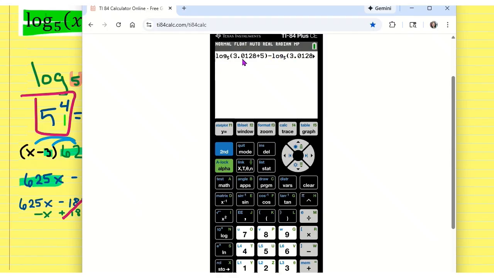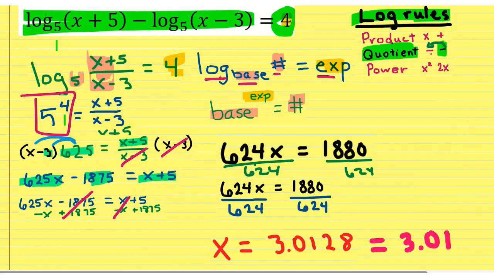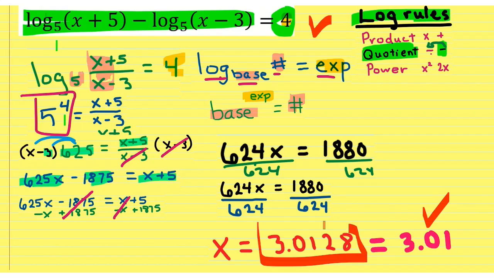So log base 5 of 3.0128 plus 5 minus log base 5 of 3.0128 minus 3. Yes, it's minus 3. When I put that in, I get an answer of 4.00099, a very, very small decimal off. That proves this is a good answer. Technically, all these decimals are more accurate, but they do give me a value of 4 in the end.